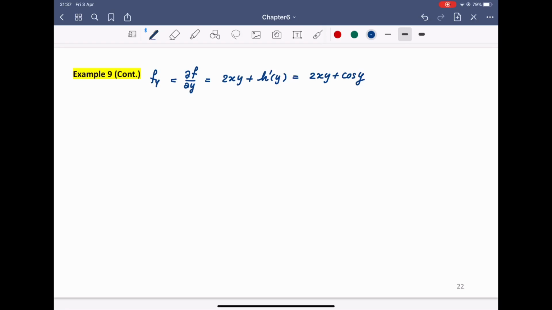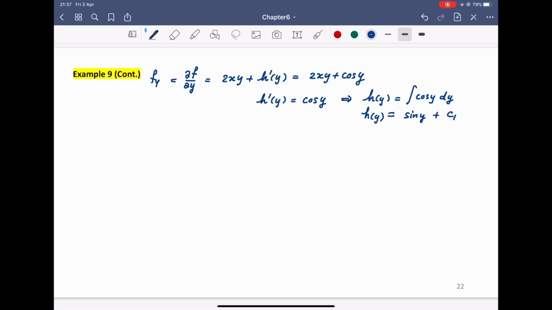And now, once you compare, you can see that h prime of y equals cosine y. And that means h(y) equals the integral of cosine y dy, and this is sine y plus a constant, let's say c1. Alright, so now I have my function h(y).